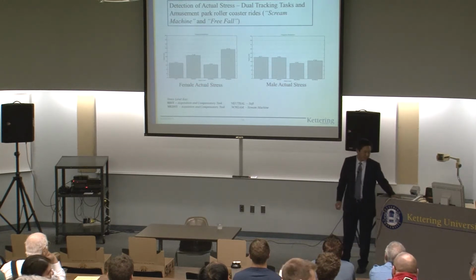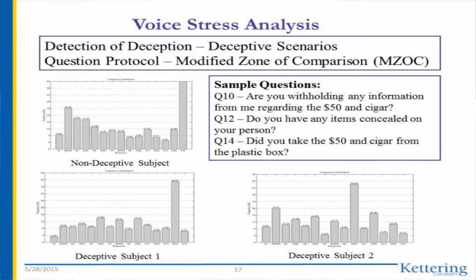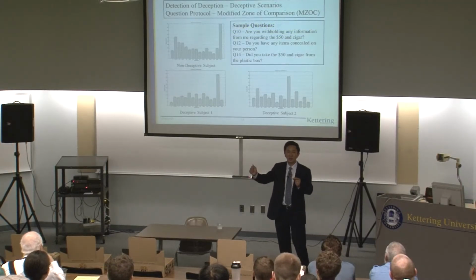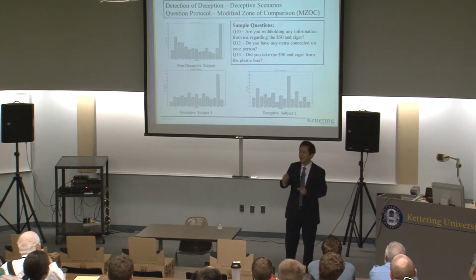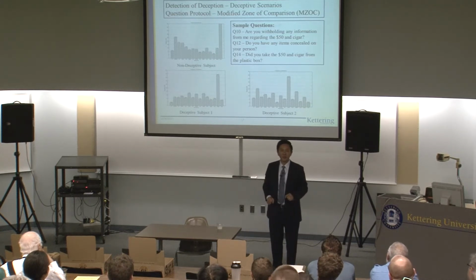Very similar. And we did some deceptive scenarios, and this was performed at my previous institution with the help of one of my former graduate students. We created a scenario and gave test subjects very specific instructions. A person comes in, I give a paper to him and say, there's a plastic box in one room.